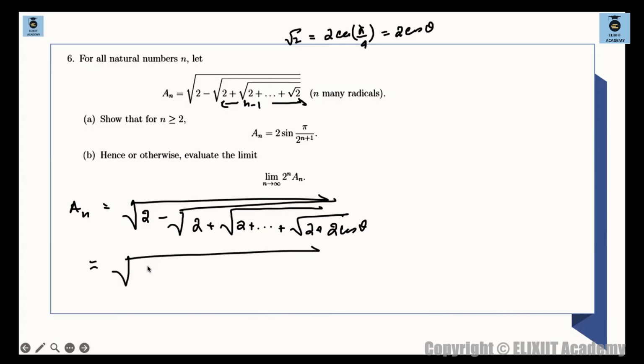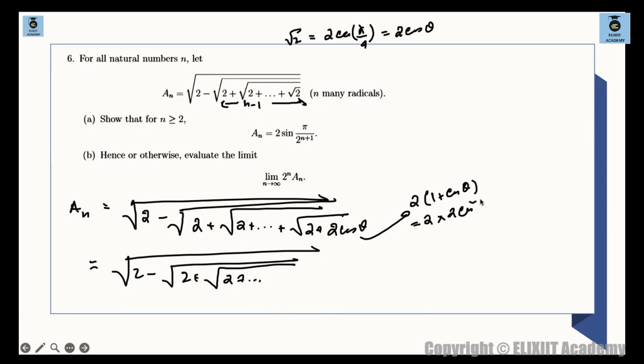And this gets further simplified to 2 minus under root of 2 plus, and so on. You take 2 common from here, so this gets simplified to 1 plus cos theta. So this is 2 times 2 cos square theta upon 2, which is 4 cos square theta upon 2, and you take the square root. This becomes 2 cos of theta upon 2. For the second time, this becomes cos theta.